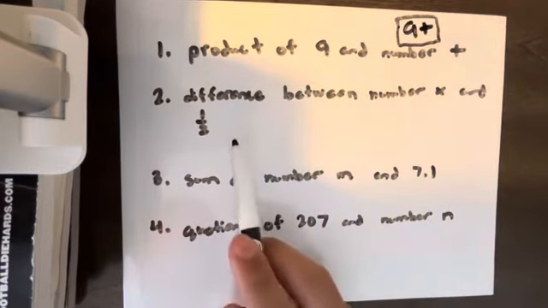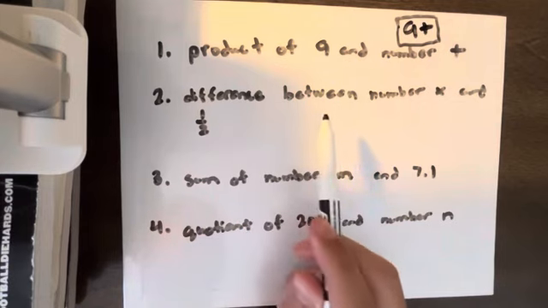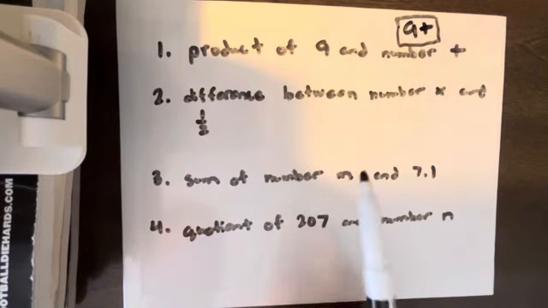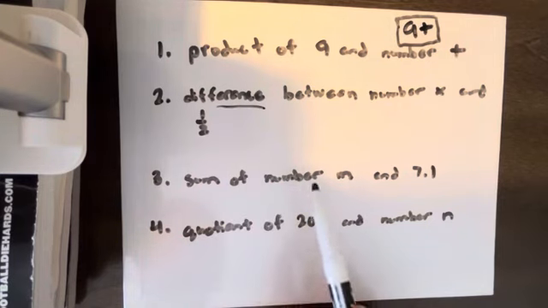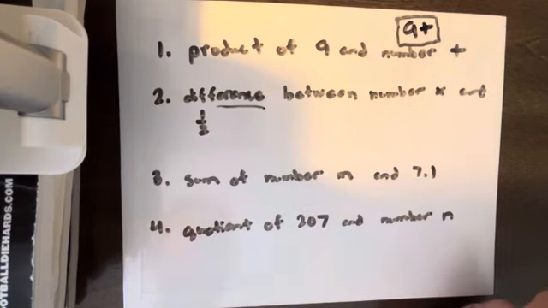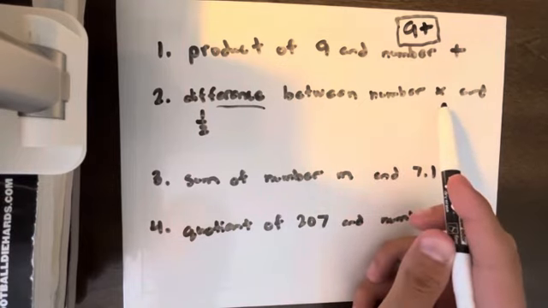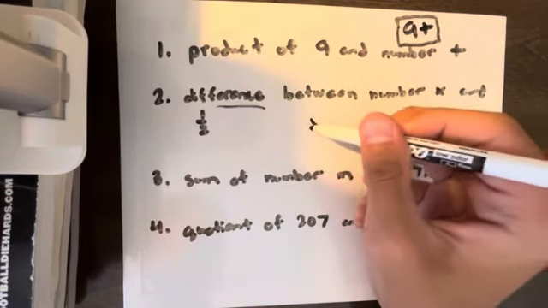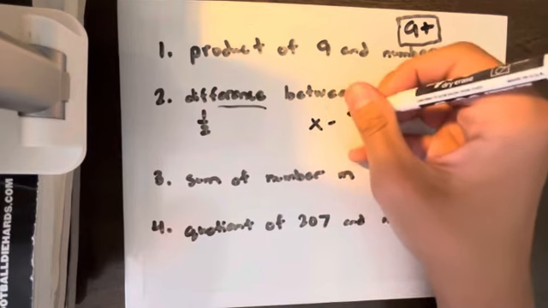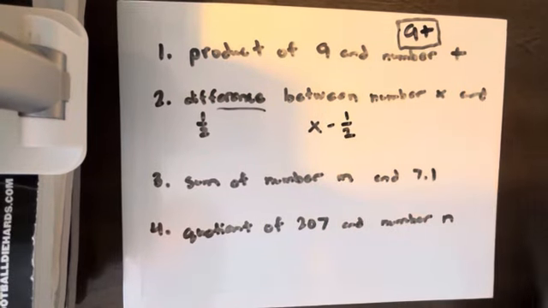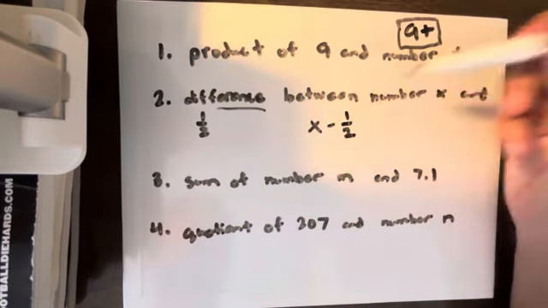Number 2. Difference between number x and 1/2. Keyword here, difference. Difference symbolizes subtraction. So what we're going to do, we're going to have the variable x subtracted by 1/2. And this is our algebraic expression.